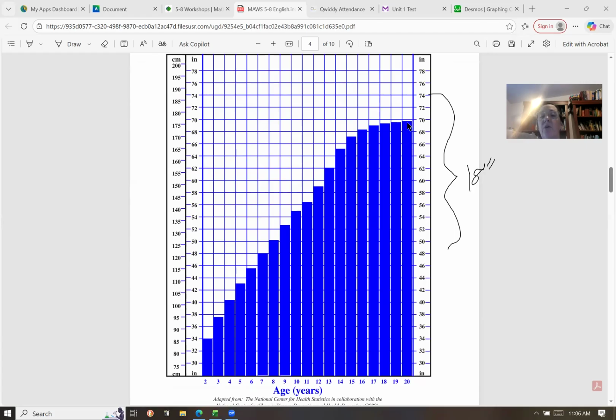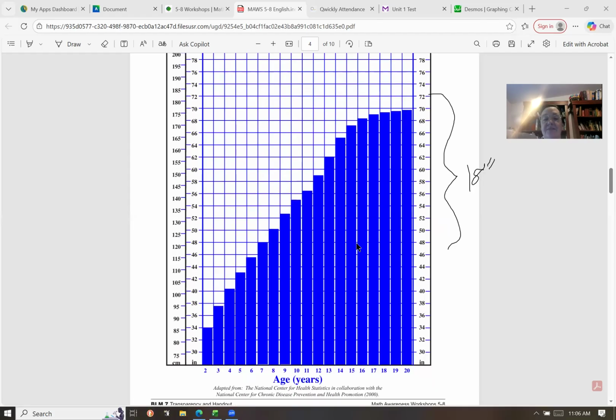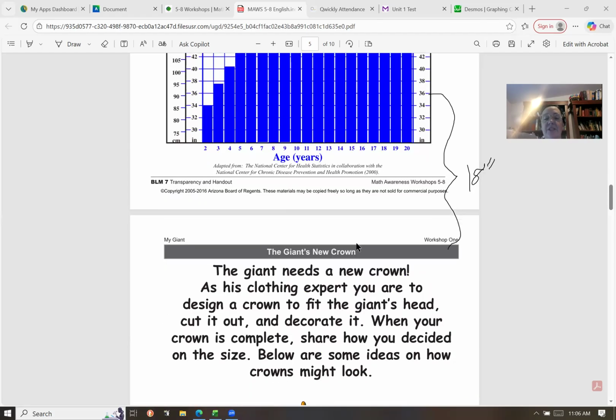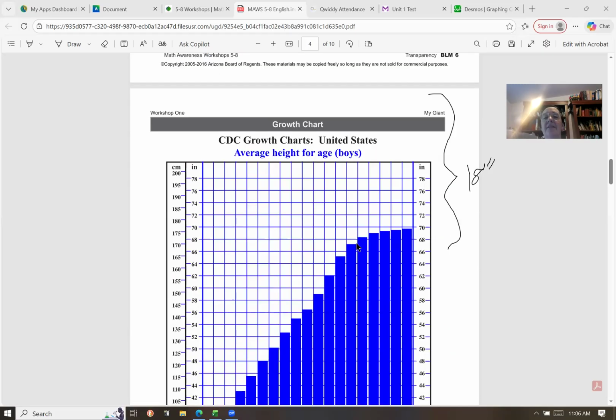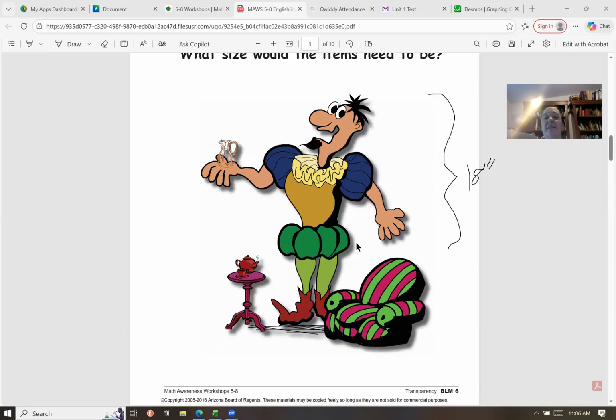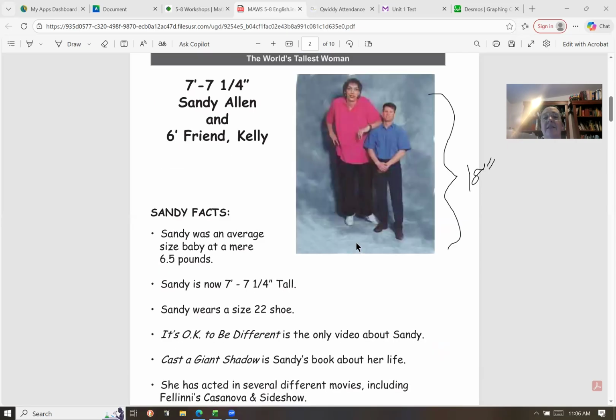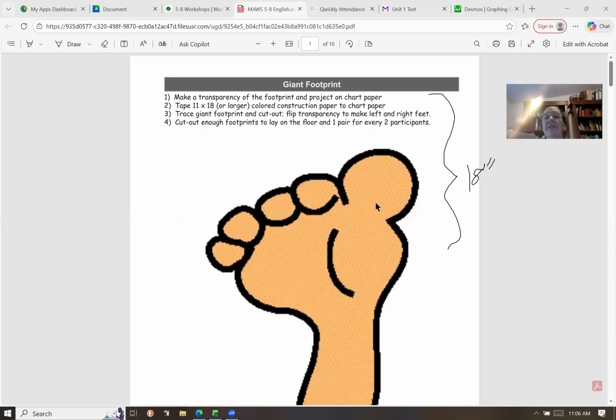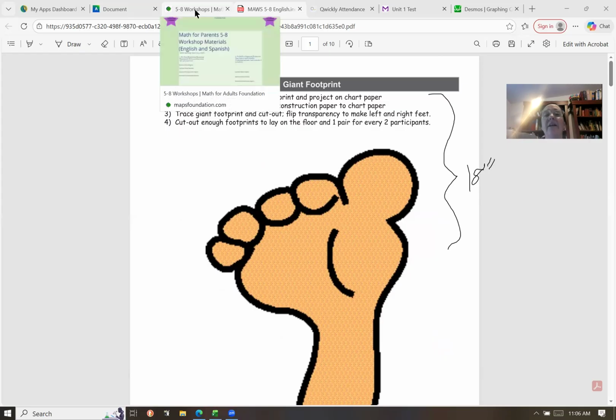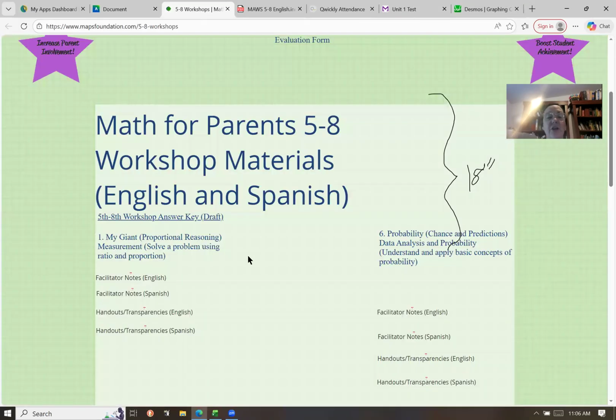A 19 and a 20-year-old is upwards of 70 inches. Just by comparison. All right, but our task is to figure out how tall is this giant based on your own height and foot length. And then you can use proportional reasoning to figure that out.